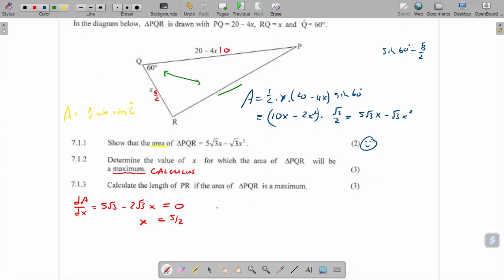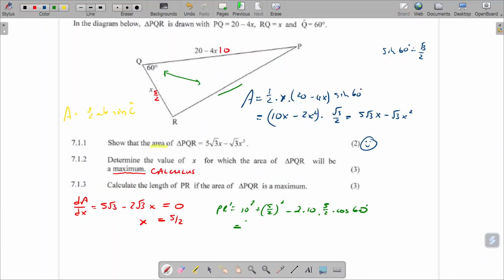Okay, so we can go in here quite quickly now and pull out the cos rule. Therefore, PR squared equals 10 squared plus (5 over 2) squared minus 2 times 10 times 5 over 2 times cos of 60. Tap on a calculator.